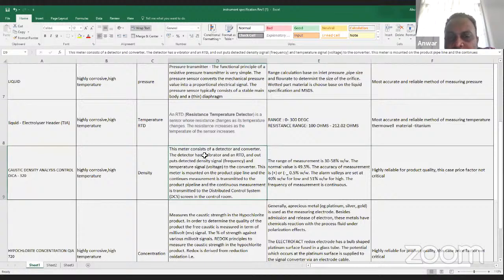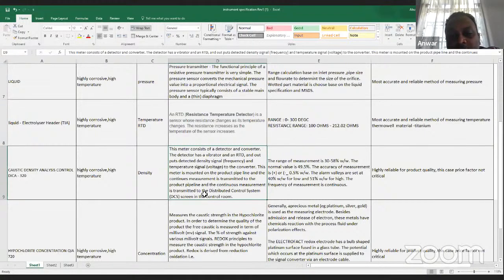So this transmitter basically consists of a detector and a converter. The detector has a vibrator and also an RTD, and outputs the detected density signal measured in frequency and a temperature signal in voltage. So you have frequency and also a temperature signal converted to voltage, and it goes to the converter.